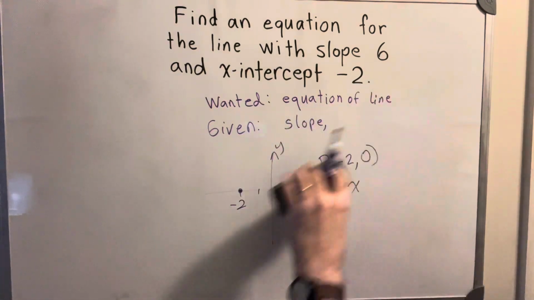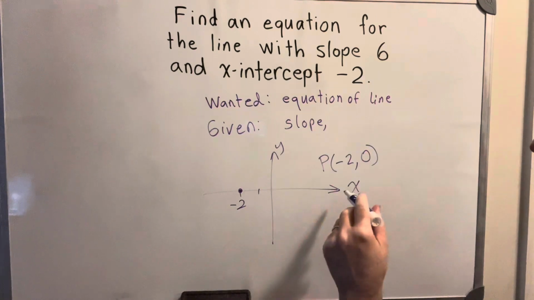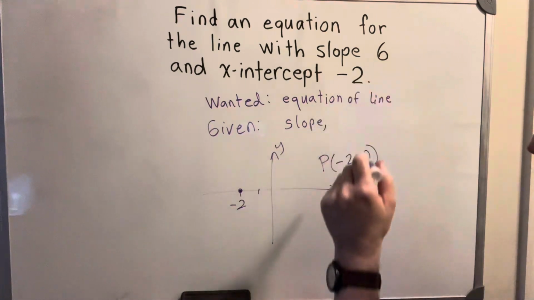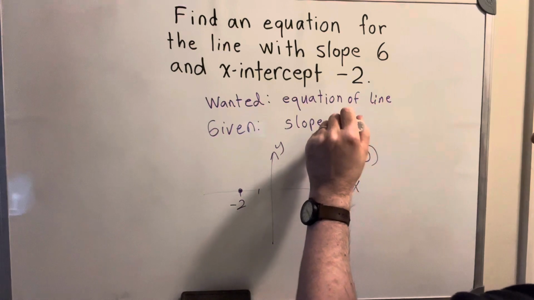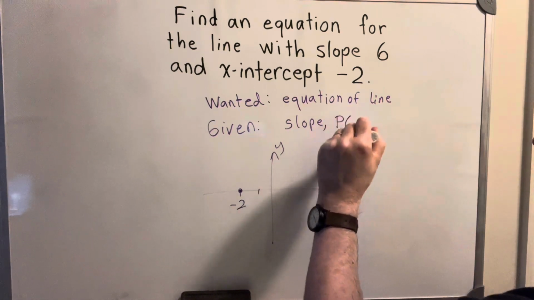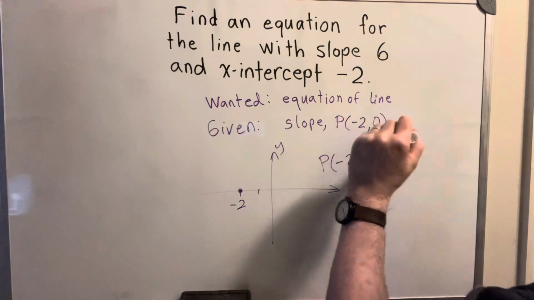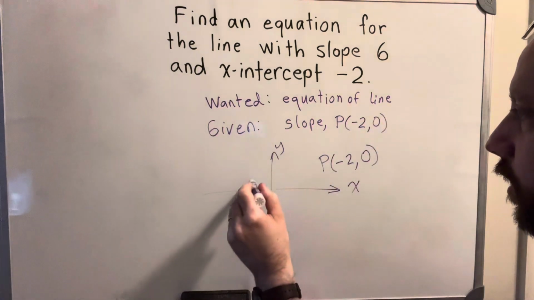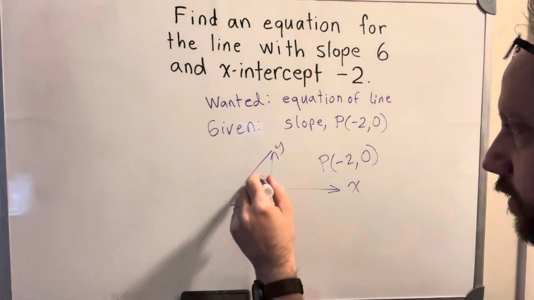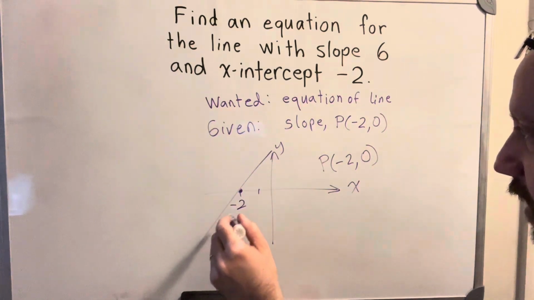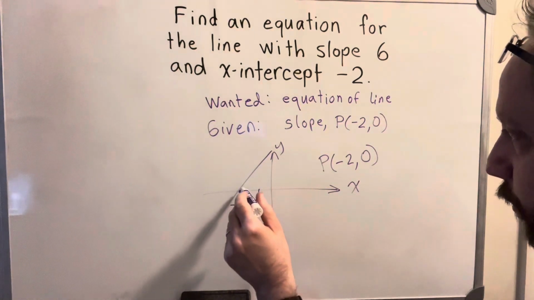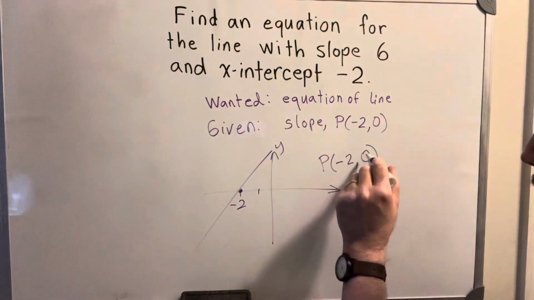So instead of just saying x-intercept, since we were given the x-intercept, we can say we now know that a point on the line, we don't yet know an equation of this line, but we do know that it passes through the point -2, 0.